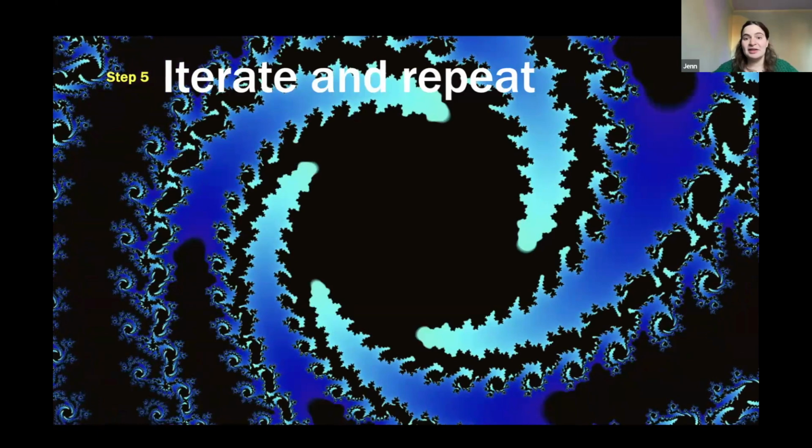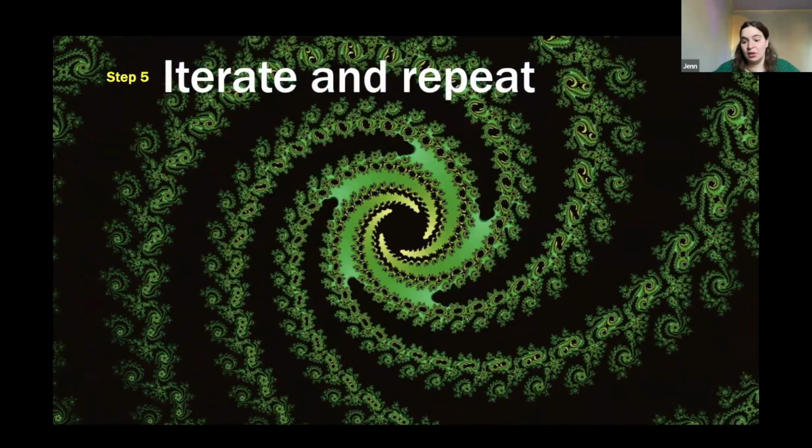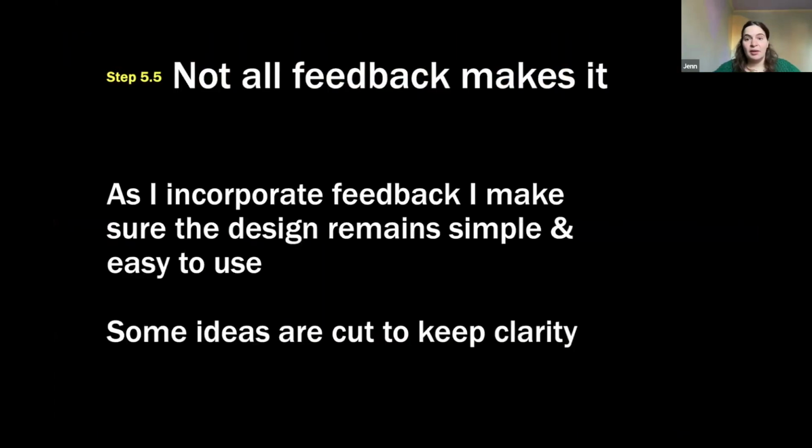And then step 5 is iterate and repeat until you're ready to do development. But by the way, not all the feedback that you're getting makes it. So I want to be clear that I incorporate a lot of feedback, but I make sure that the design remains simple and easy to use. If you incorporate every single piece of feedback that someone gives you, you're going to end up creating a really complex tool.